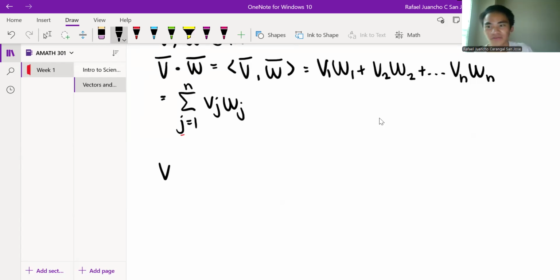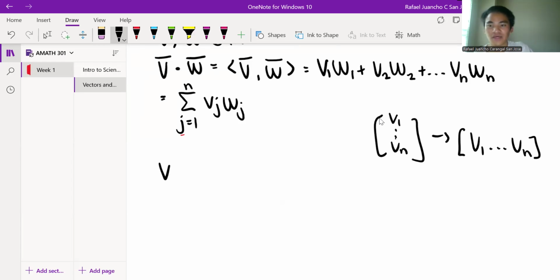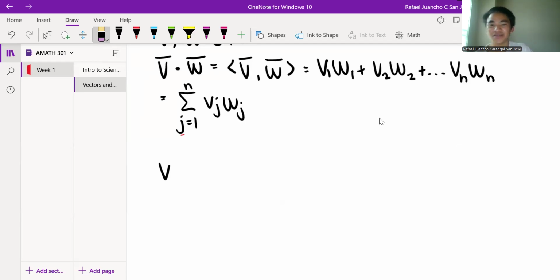Let's say we start with a column vector, V1 all the way to Vn. If we transpose that, it's going to be a row vector. And if we transpose a row vector, it becomes a column vector again. So transposing is kind of changing the format of the vector.